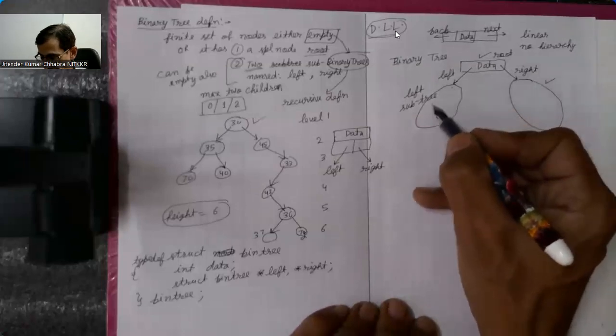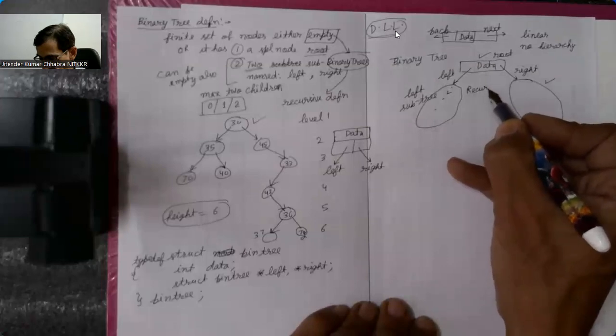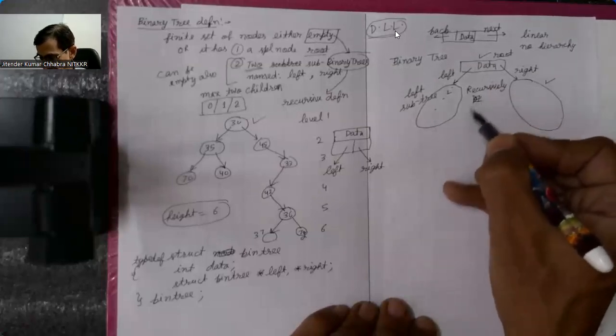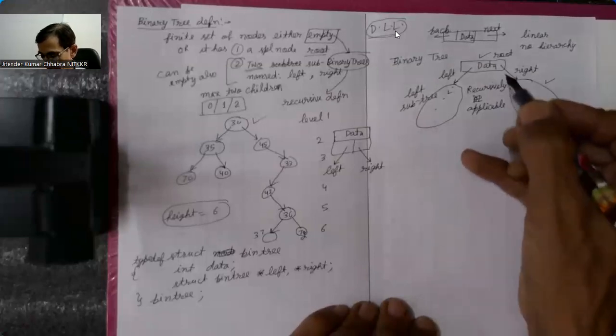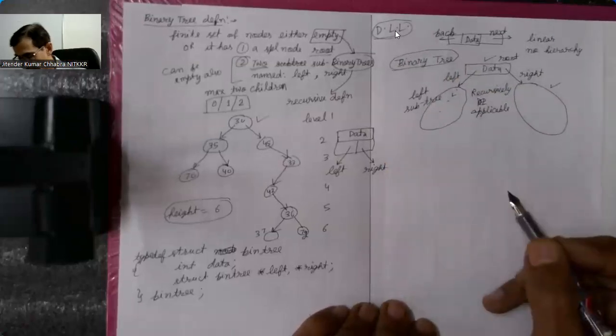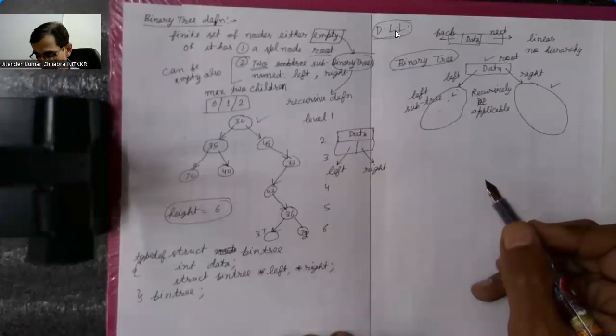Further, all of these are disjoint sets, all recursively applicable, which was not true in case of a DLL. So recursively, a lot of things will work directly in this particular manner, automatically giving a hint that a lot of recursion will be needed for its programming, which was not needed for DLL programming.